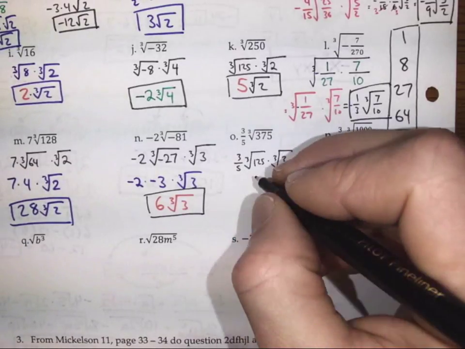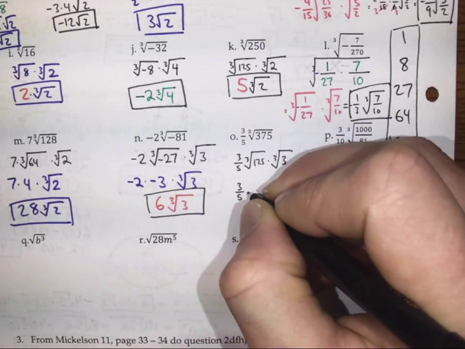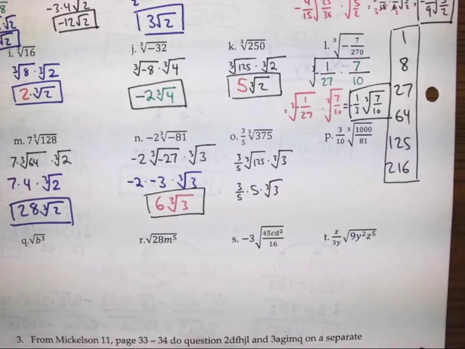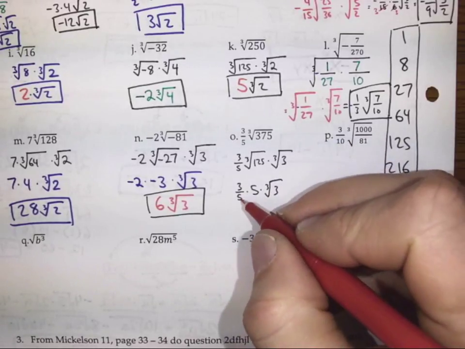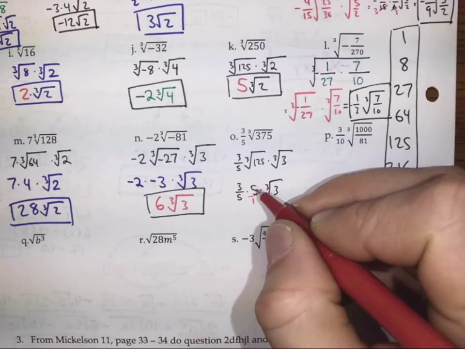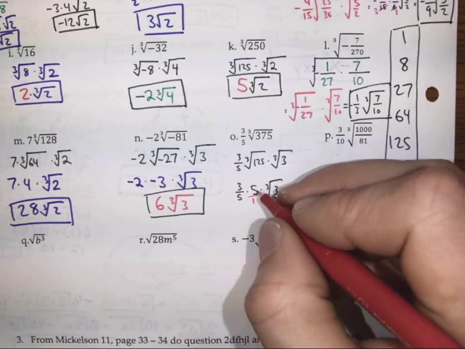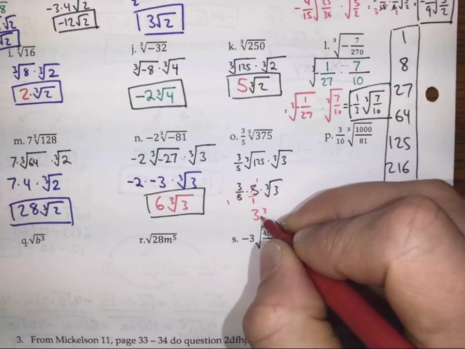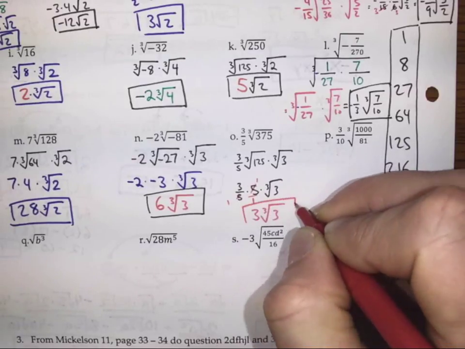And so it's 3/5 of 5 times the cube root of 3. 3/5 of 5, if I multiply those, that's a fraction, I can divide both of these by 5. 1 and 1, so actually it's just 3 cube root 3.